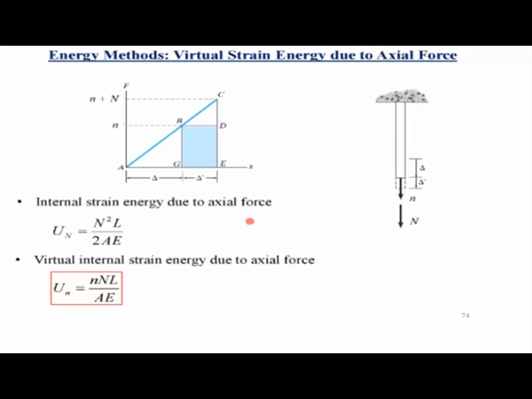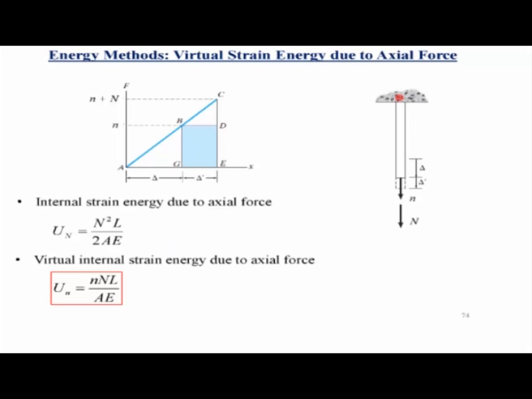Now the virtual work method can consider bending deformations, axial deformations, and shear deformations. So now we'll see how we can consider bending as well as axial and shear deformations to use the virtual work method to calculate the deformations.